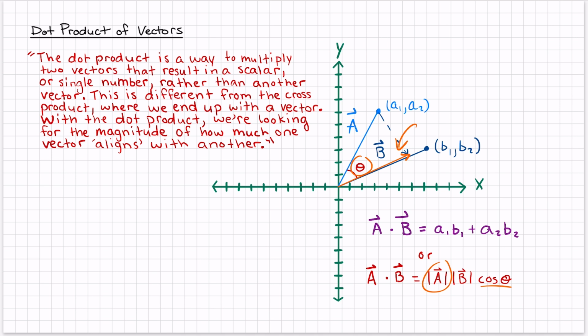That's going to give you that orange vector, and then we're going to multiply that magnitude by the magnitude of vector B, all right? It also works the other way around, and because the result is just a scalar, it doesn't matter which one. We have a commutative mathematical model here. It doesn't matter which vector we multiply the cosine theta by. So that's really interesting, all right?